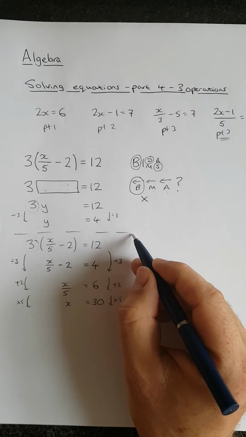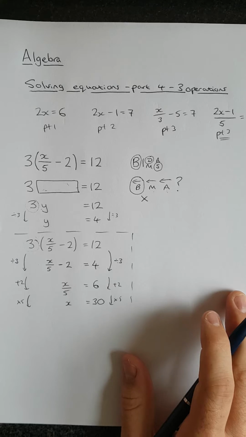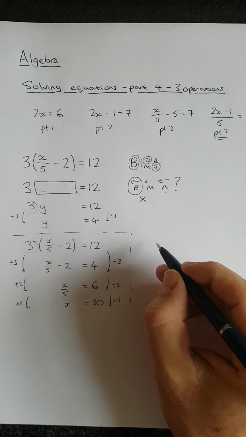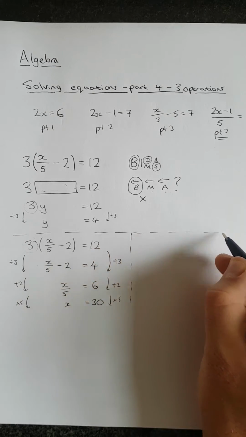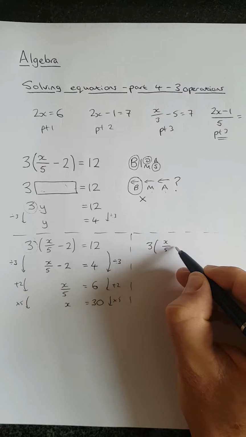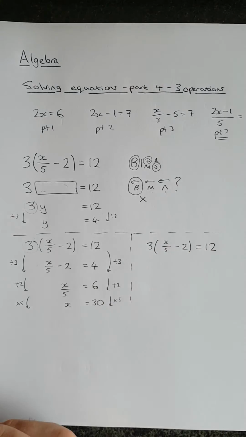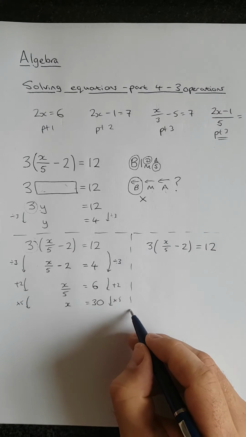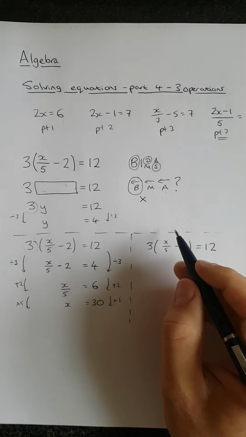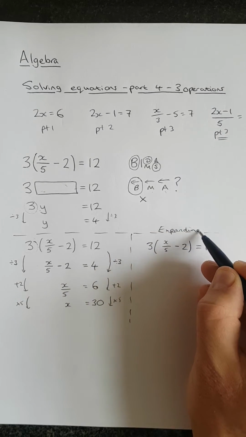Now, you can do this question in several ways, and this is where you're going to find it gets confusing. Because now I'm going to do the same question, and rather than do the bracket first and change our rules, I'm going to get rid of the bracket straight away. And we do that by expanding the bracket.